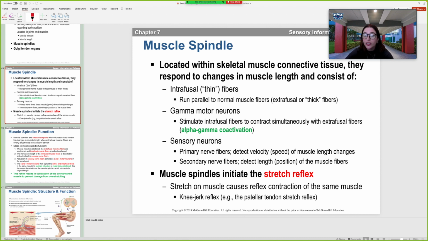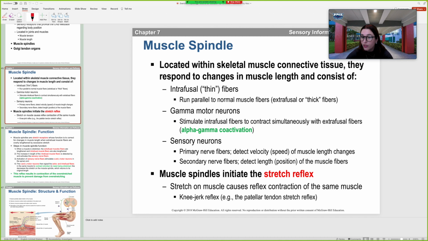And this is called alpha-gamma coactivation, right? Alpha and the gamma motor neurons activating together, okay? It's called alpha-gamma coactivation.